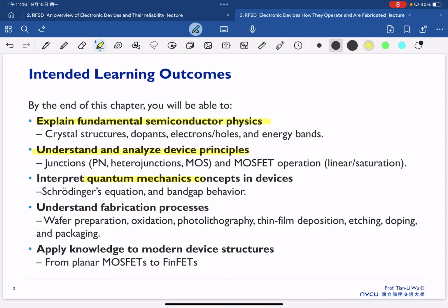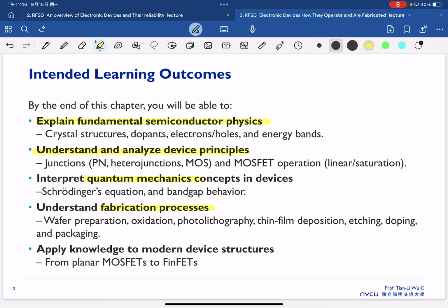But you don't have to worry, because we will use the easiest way to explain the quantum mechanics, and we don't need the very difficult concepts. We only need a very easy one. That's enough for us.